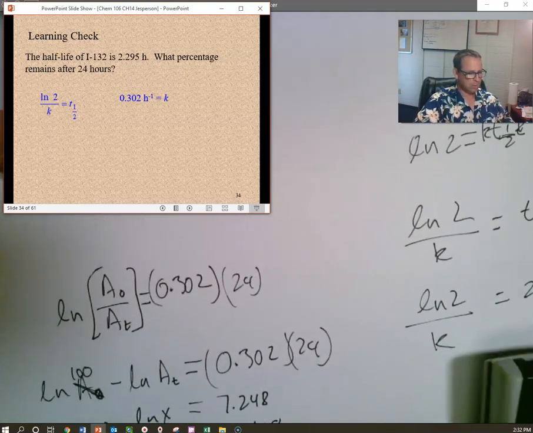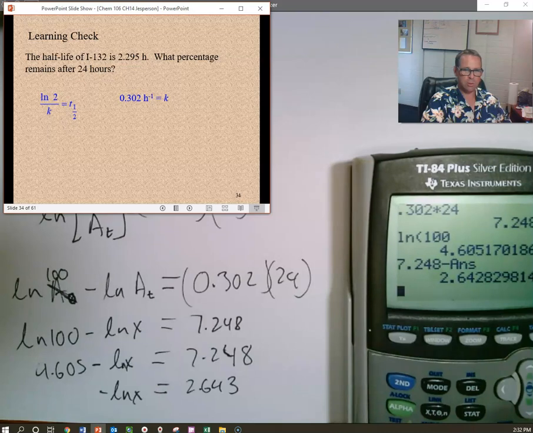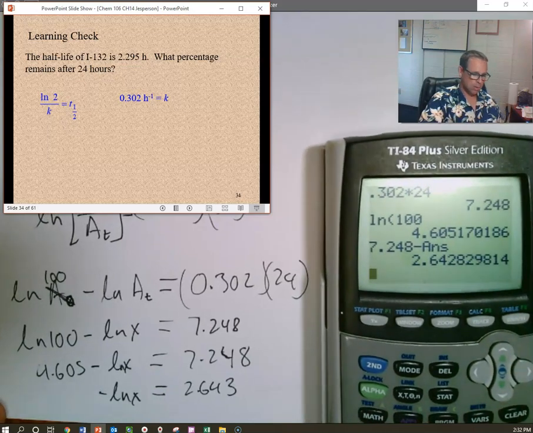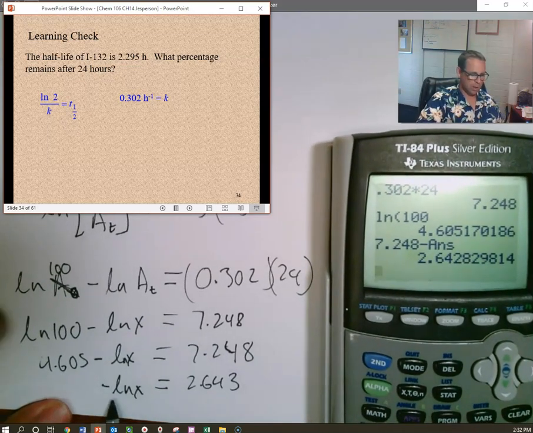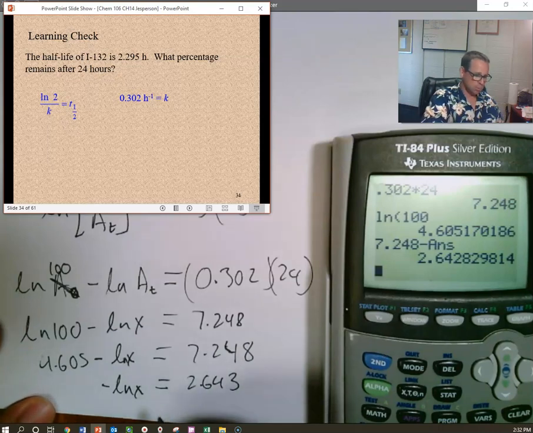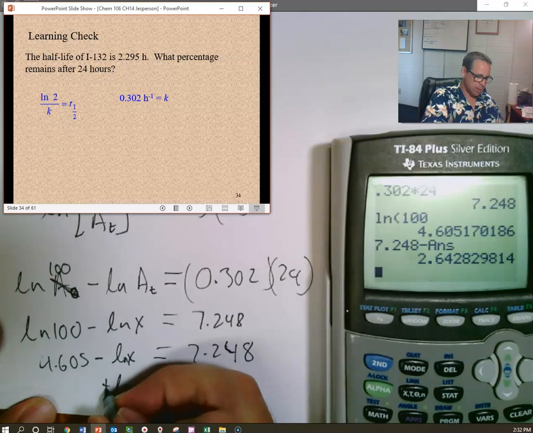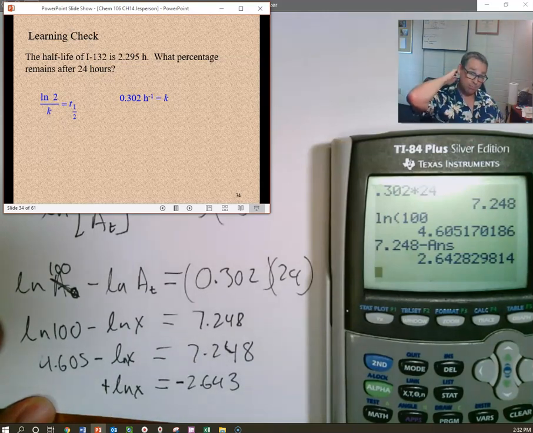Now we want to make sure everybody knows how to solve this sort of problem in their calculator, when I have negative natural log of x equal to 2.643. It's easier to move the negative sign over to that side, dividing both sides by negative 1. So now I need natural log of x equals negative 2.643.